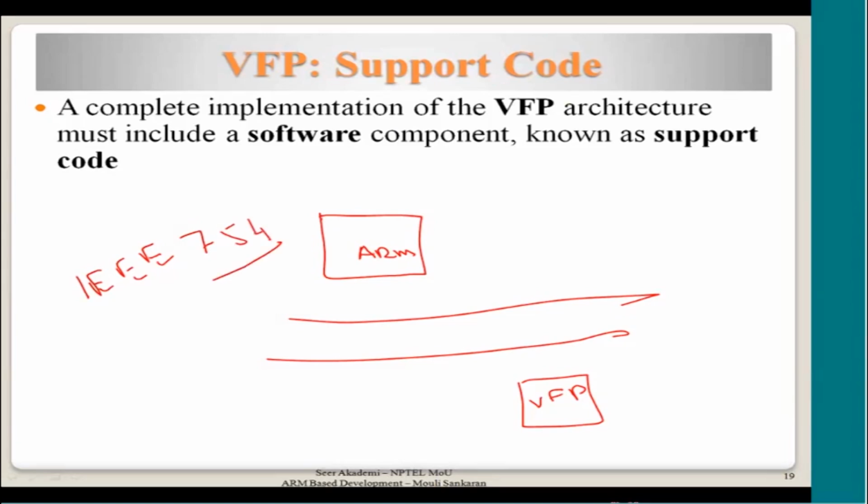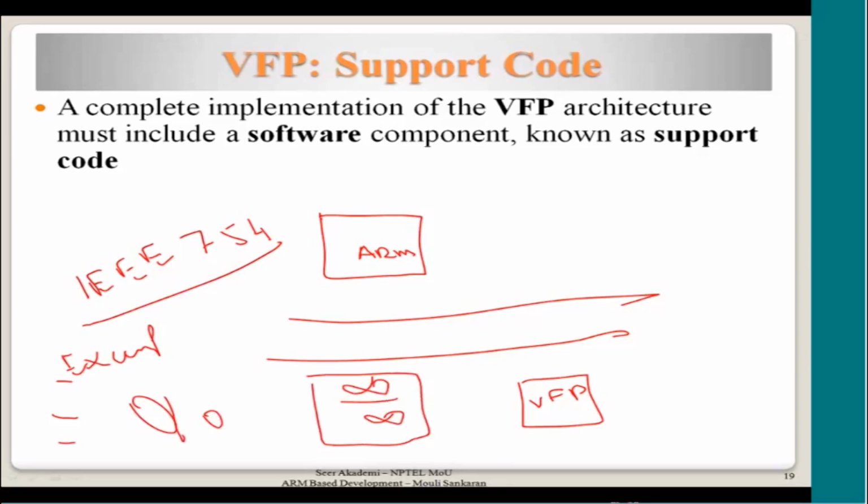floating point format, it has lots of exceptions. You have seen that: 0 by 0, infinity by infinity. There are so many kinds of operations which can result in exceptions. There could be a data abort, or an error, or the result you are getting may go below the normalized value.